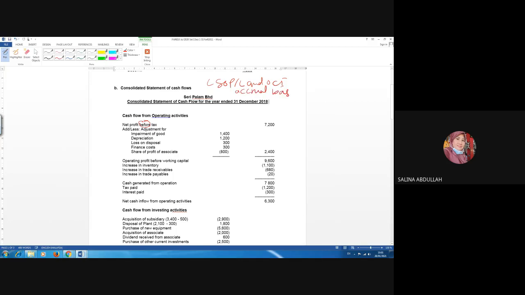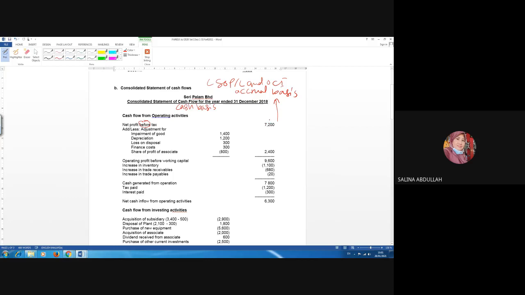However, consolidated statement of cash flow is being prepared under cash basis. So when you take this net profit before tax from consolidated SOPL, you must do certain adjustment.